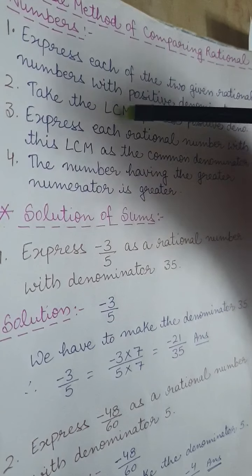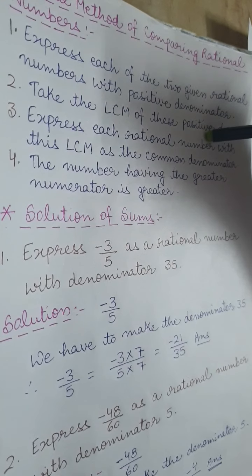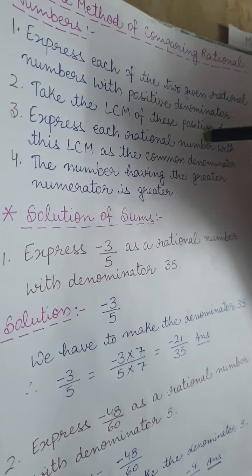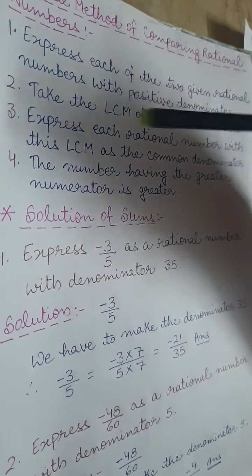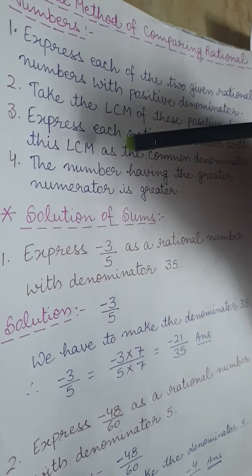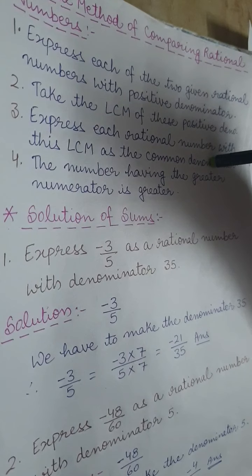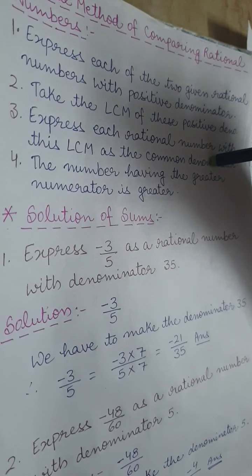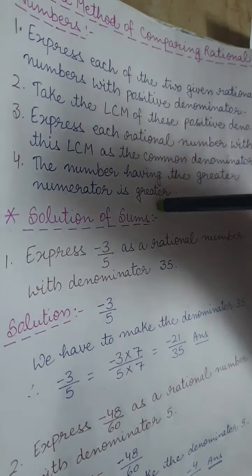Then we will take the LCM of the denominators, 2 or 3, whatever denominators are given. Then third step, express each rational number with this LCM as the common denominator. जो हमने LCM find out किया है सभी rational numbers का denominator वो ही form करेंगे. The number having the greater numerator is greater.